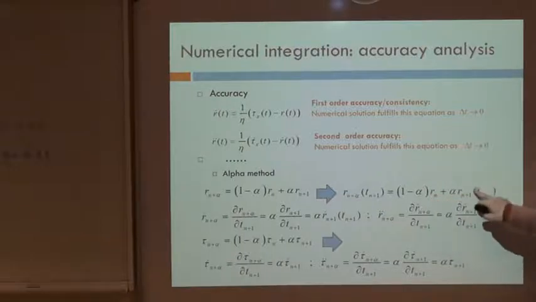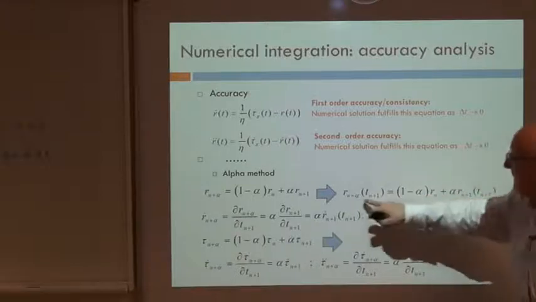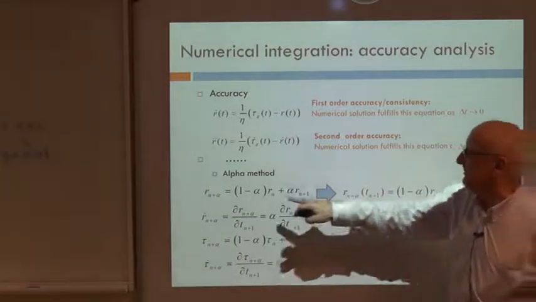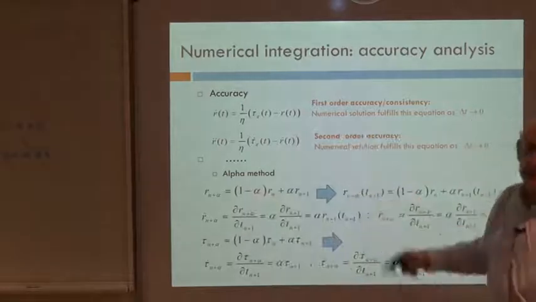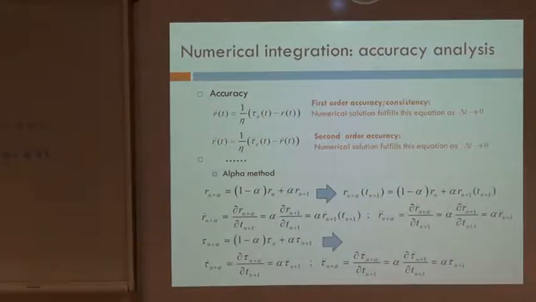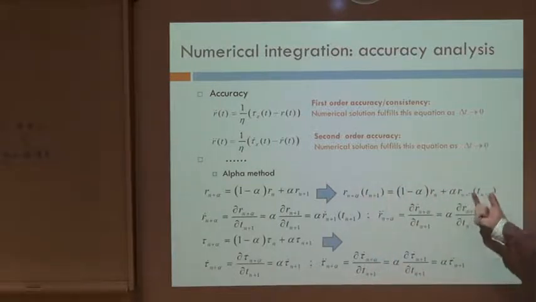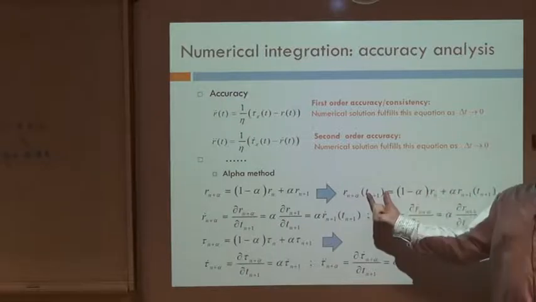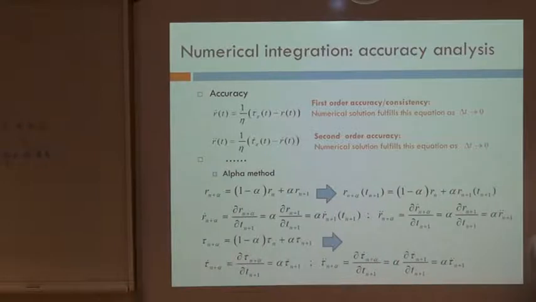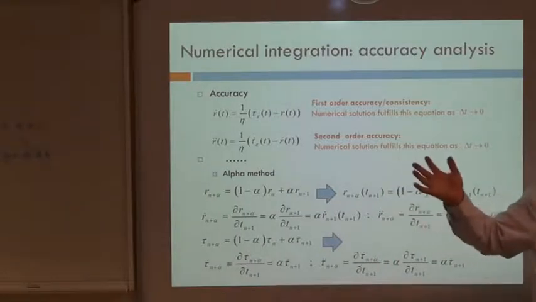It will depend on how big T n plus 1 is. So in that sense, I can consider that R n plus alpha in that equation is a function of T n plus 1. That's just what I want to say. So the greater T n plus 1 is, or if I change T n plus 1, then this will change. How do I change T n plus 1? Typically by changing the delta t.